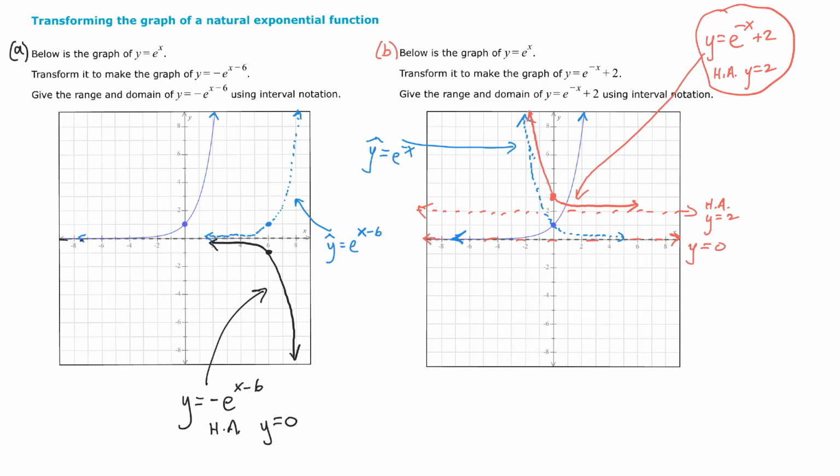I'm going to draw that in. And so the HA here is y equals 0. And that's how you could graph using the transformations on the function y equals e to the x.